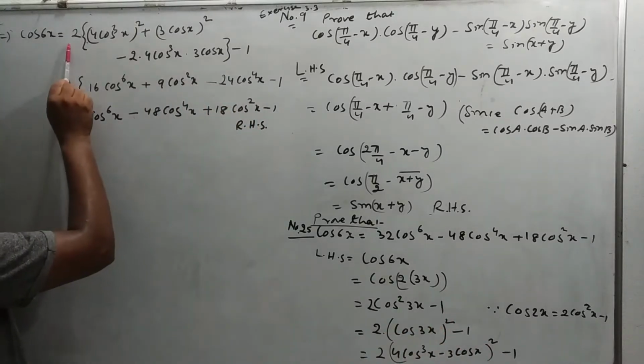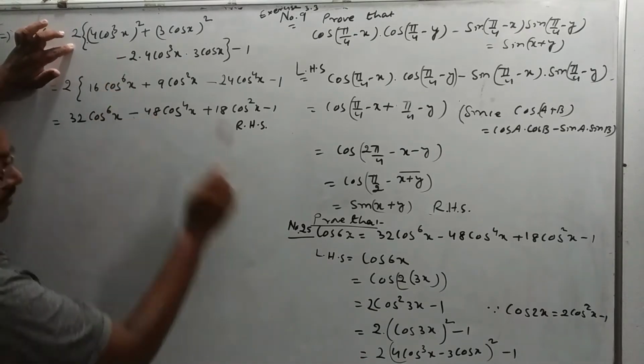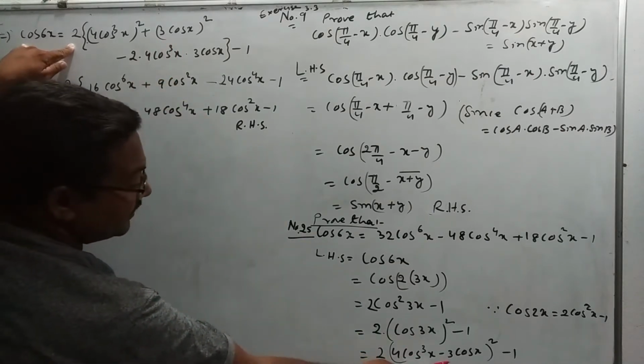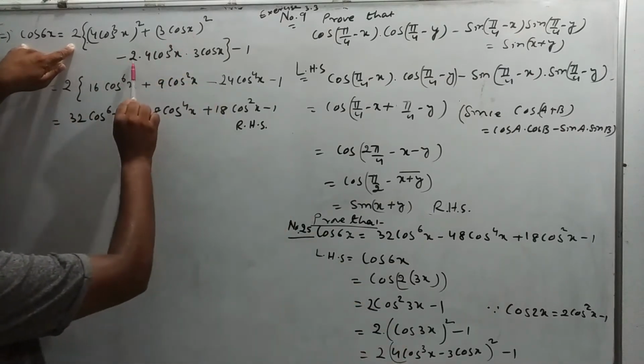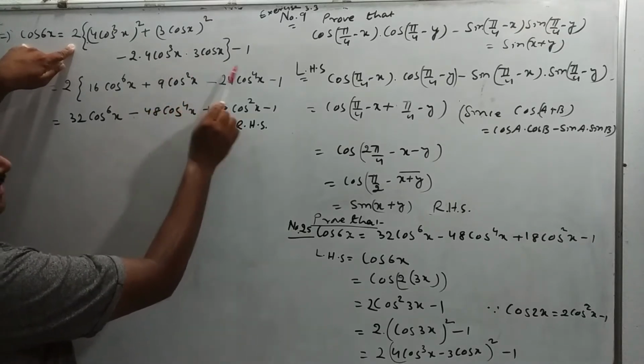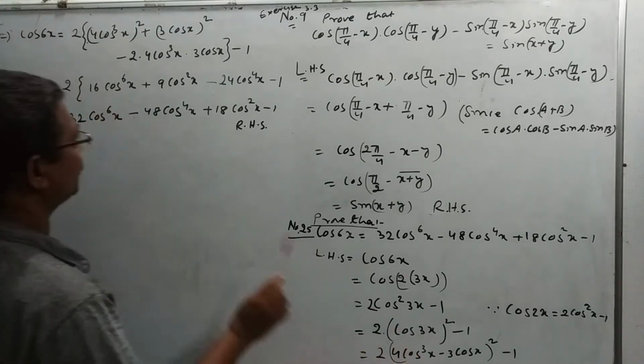So cos 6x equals 2 times [(4 cos cube x) whole square plus (3 cos x) whole square minus 2 times (4 cos cube x)(3 cos x)] minus 1. It is in the form (a minus b) whole square.